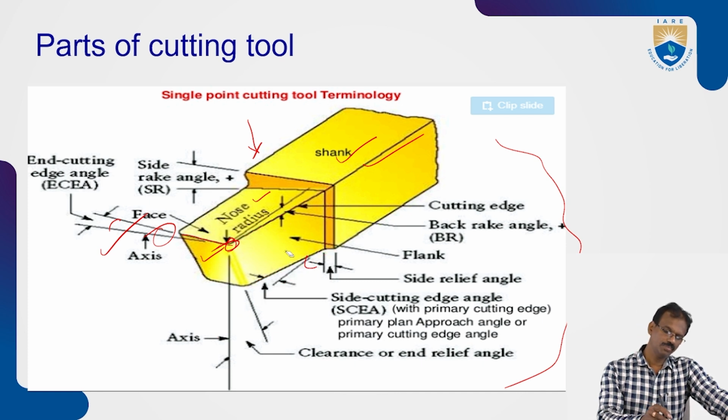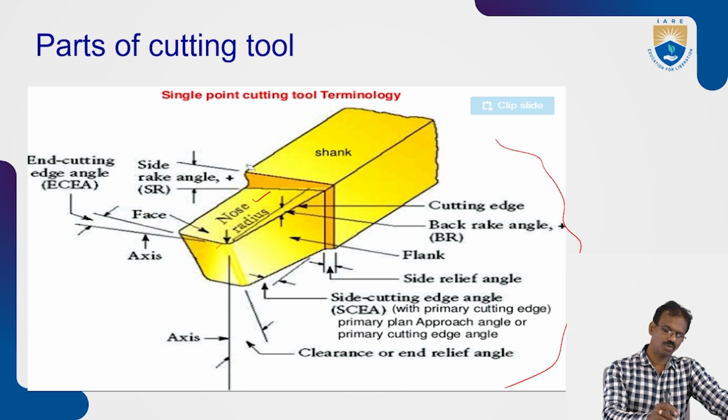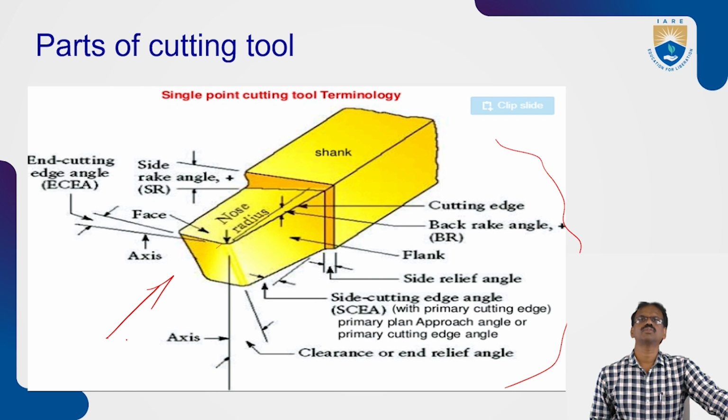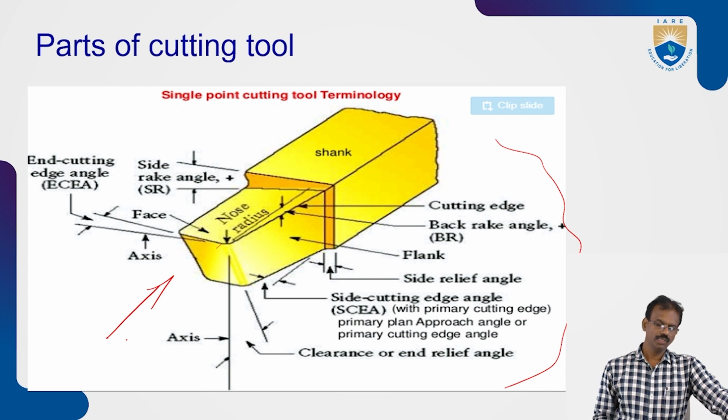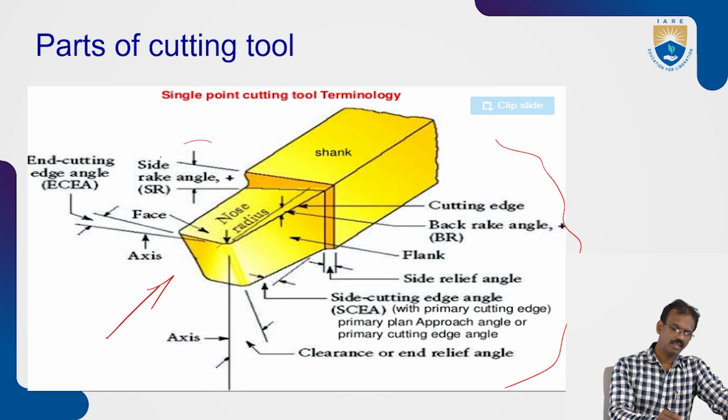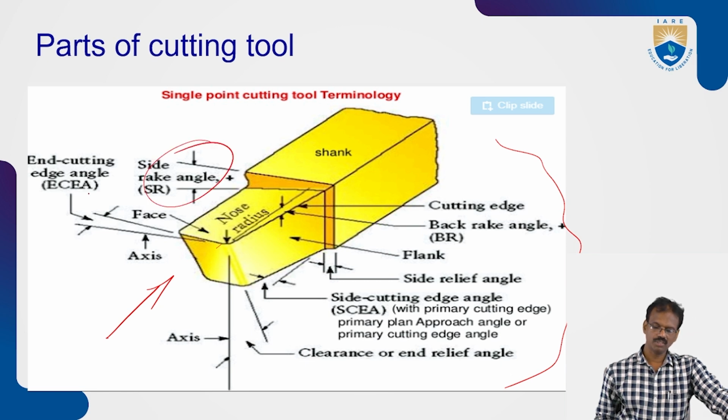This is the top view. If you observe from the side view, two types of angles you can see. The first one is the side rake angle. Next one is the side relief angle also.